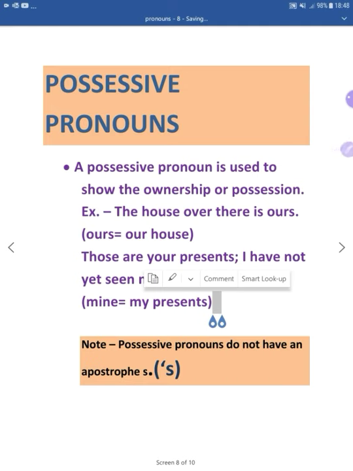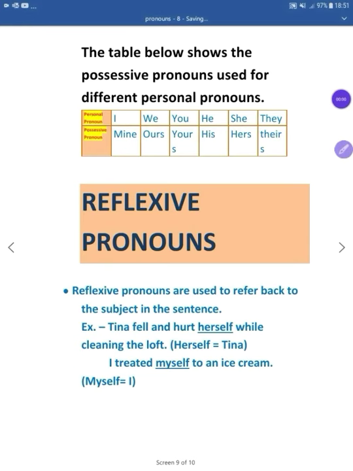Next in the types of pronoun is the reflexive pronoun. So we are going to talk about reflexive pronoun and learn more about that. Dear students, before starting reflexive pronouns, we can see here there's one table given. The table is showing you the possessive pronouns used for different personal pronouns.